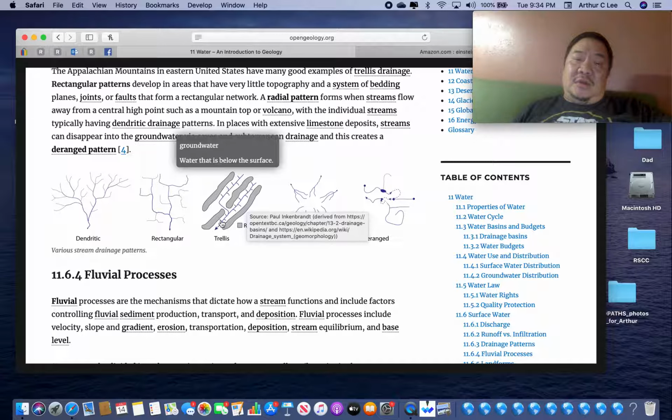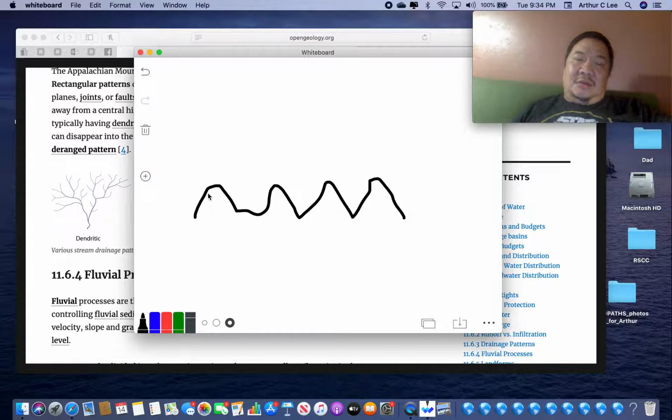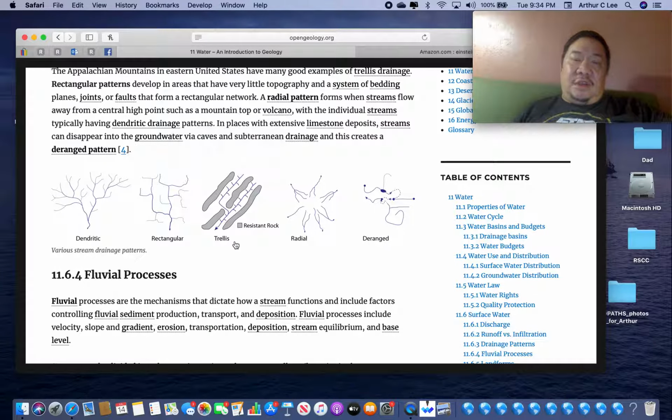So when you see something like this, a trellis pattern like you have in Tennessee, that means the rocks look like this, with the stronger rocks here up on the ridges and the weaker rocks like shale down here in the valleys. So this is called a trellis drainage pattern.